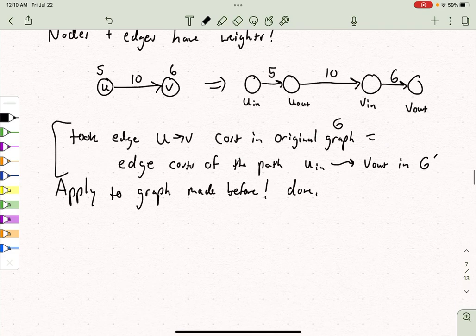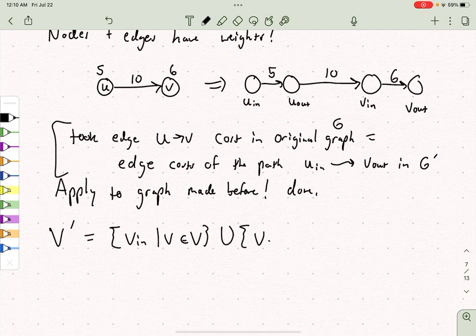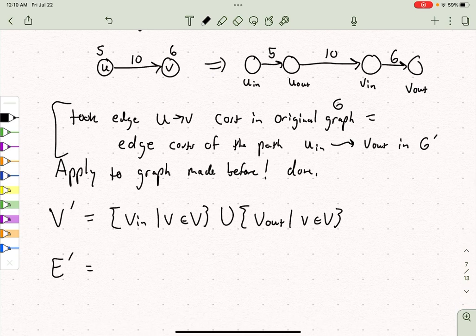So just to spell it out, let's directly construct it. So V prime is going to be a set of v in for each v in the original graph, unioned with a v out for each v in the original graph. E prime is now going to be, we have a v in to v out.